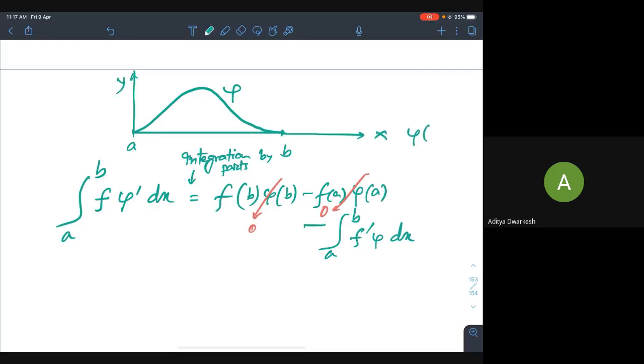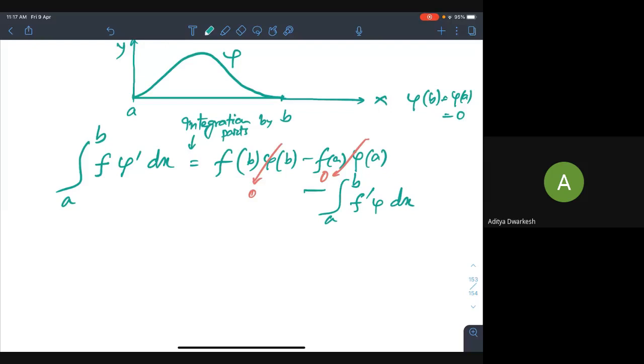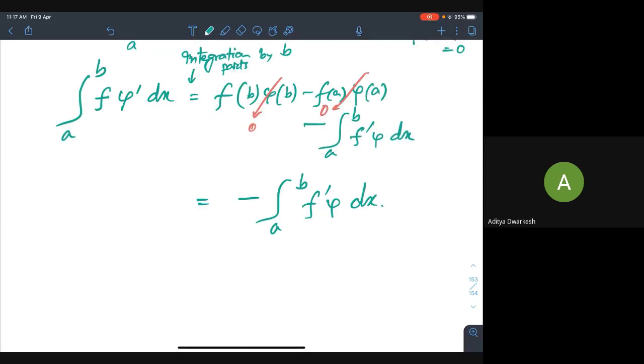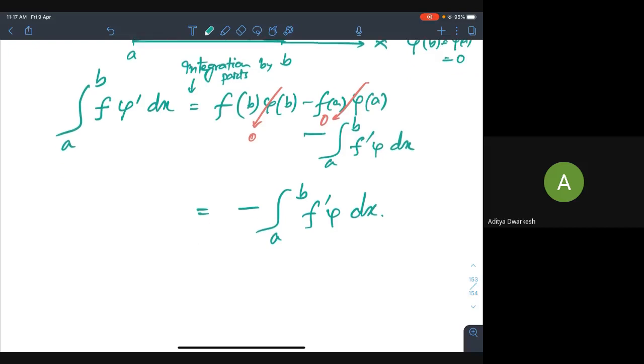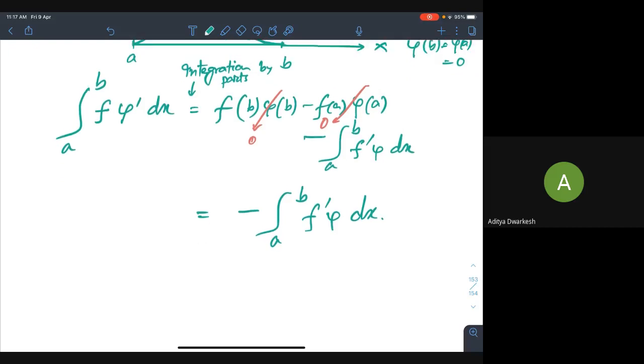So phi of b equals phi of a equals 0, just like a Cantor function. So one actually has minus integration a to b f prime phi dx. Now the point is, suppose, this is a nice result when f and phi both are differentiable.